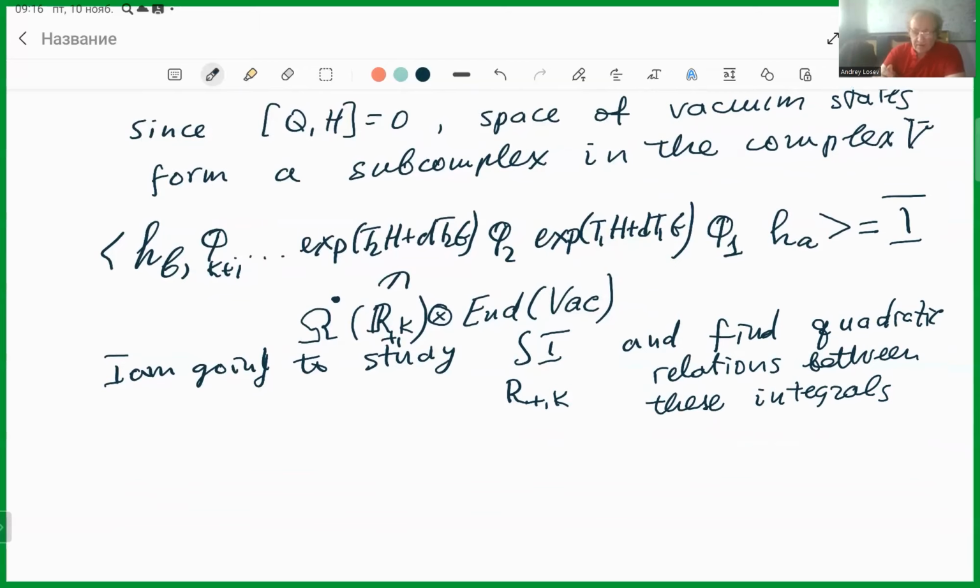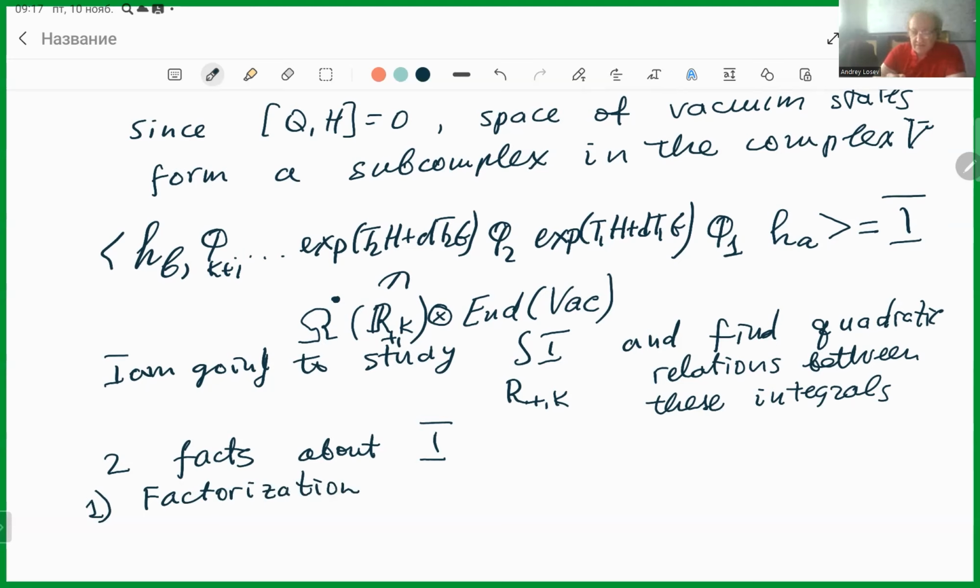I will use here two facts about I. First fact is factorization.